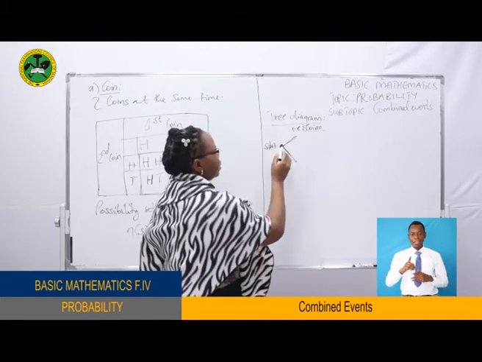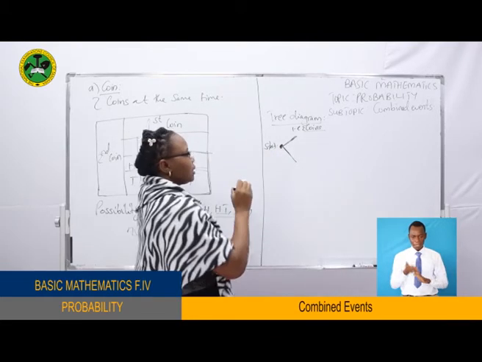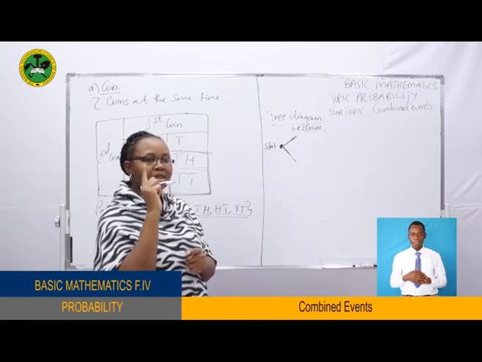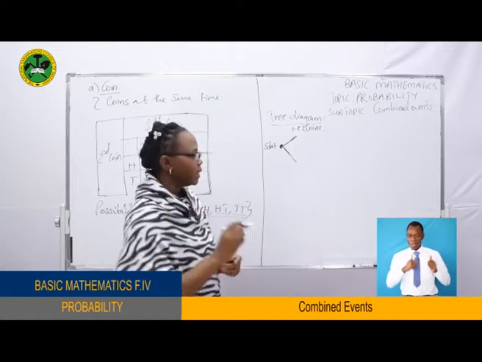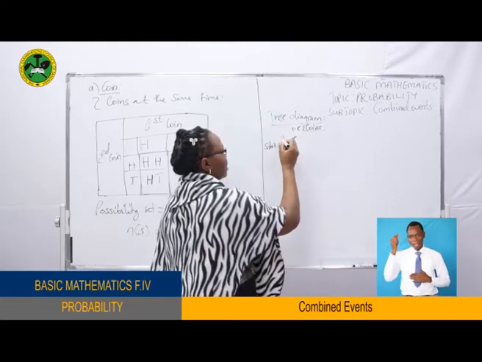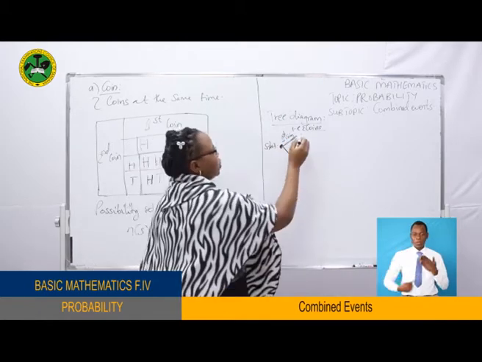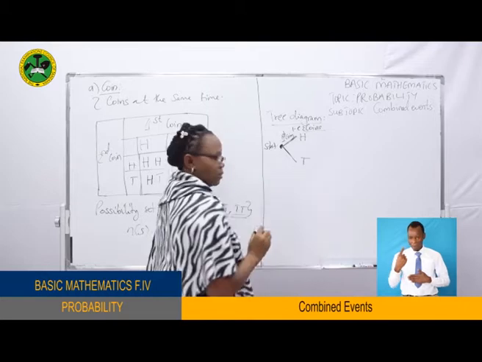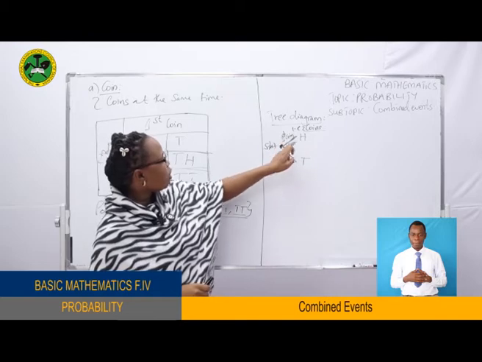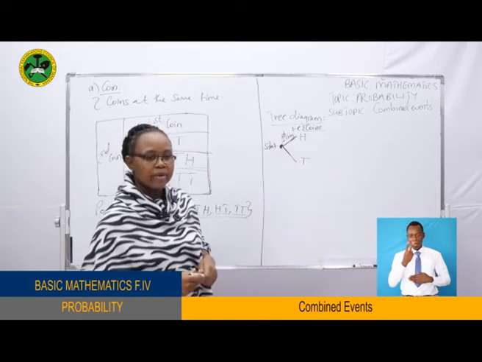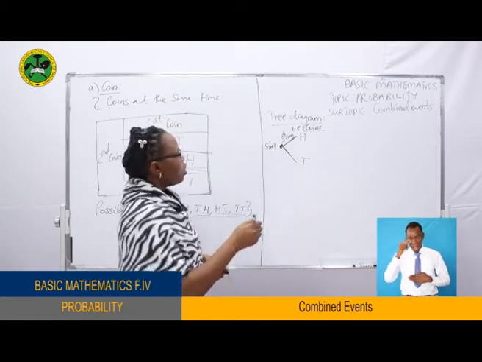This branch should come from the first coin. When you toss the coin, the first one should show either head or tail. After the first coin shows head or tail, then the second coin will show.